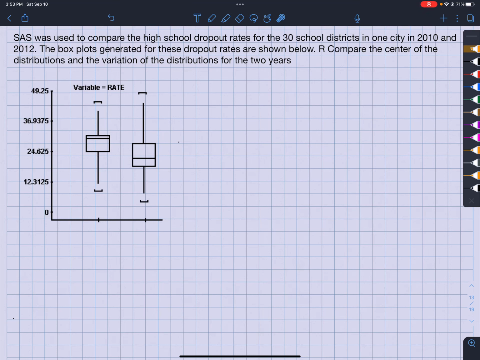So SAS was used to compare the high school dropout rates for the 30 school districts in one city in 2010 and 2012. The box plots generated for those dropout rates are shown below.